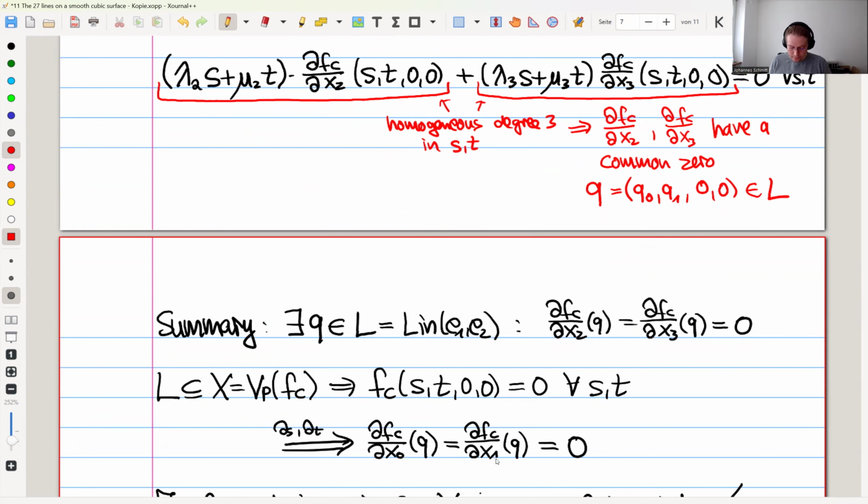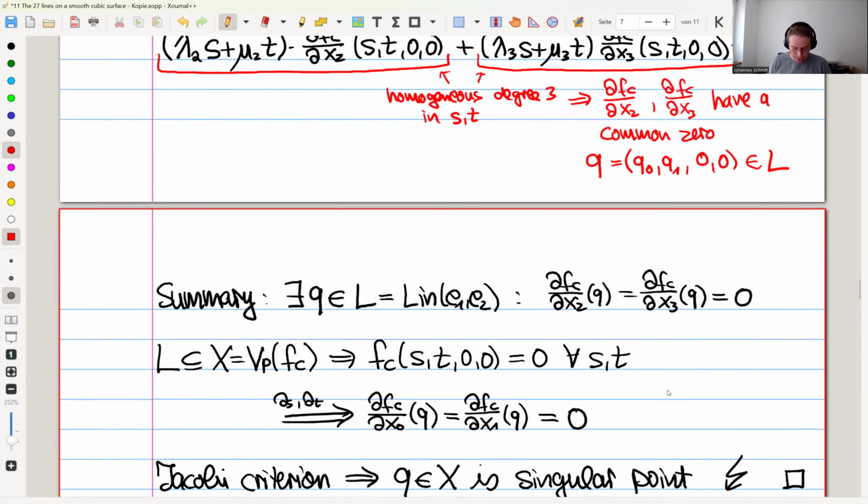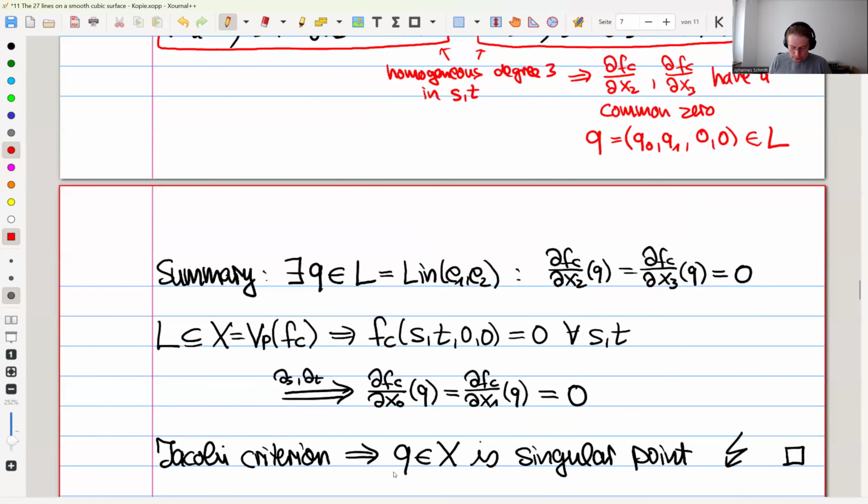But now we see these derivatives are exactly the Jacobi matrix of FC at the point Q. And so by this projective Jacobi criterion, we see that Q is a singular point of our surface X cut out by this FC. And this gives a contradiction.